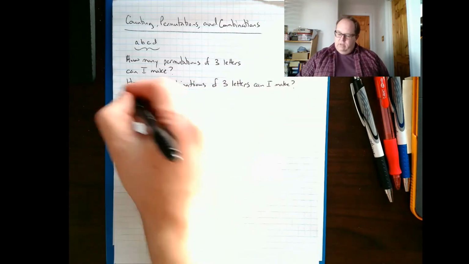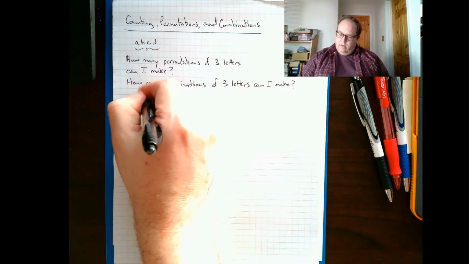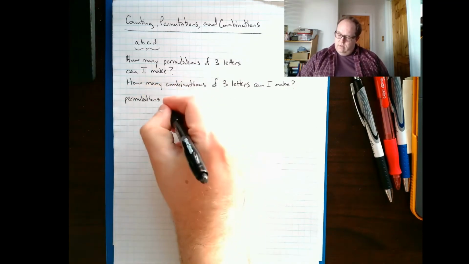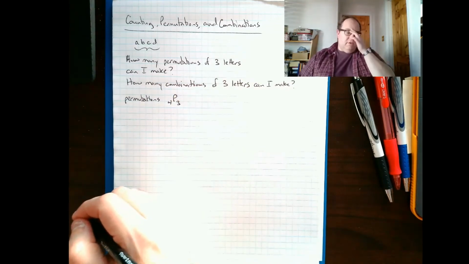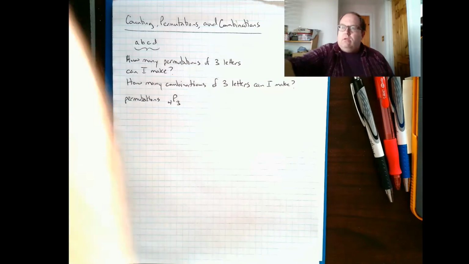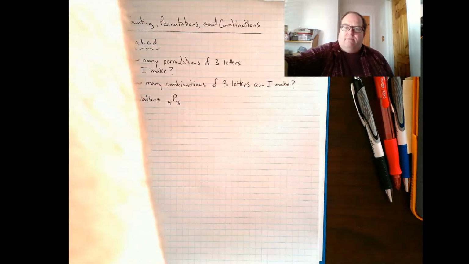Now the permutations we've already dealt with a little bit. What I'm trying to do is from a group of 4 pick out how many permutations of 3 things I can have.